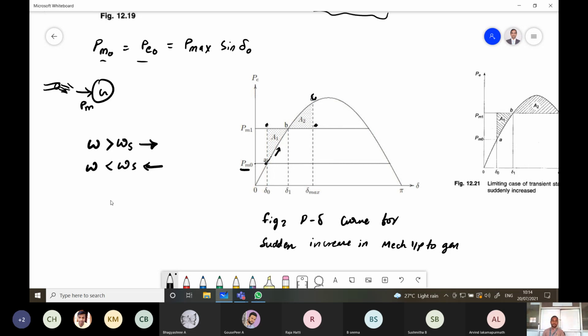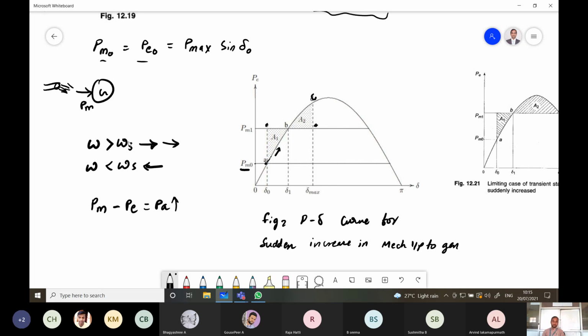So if mechanical input is more, what is the equation? Pm minus Pe is equal to the accelerating power Pa. If Pm is more and Pe is less, the accelerating power increases. That accelerating power Pa increases, which causes the rotor speed to increase in this direction.